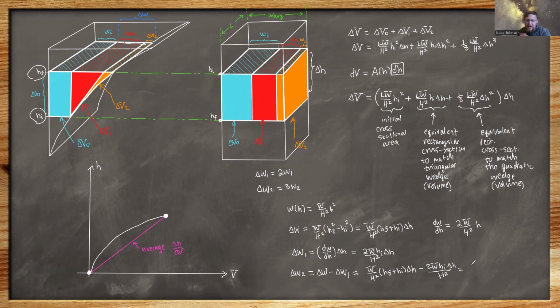Everything lines up pretty nicely there to where, let's see, we would end up with width over height squared H final delta H plus width over height squared H initial delta H. And then minus 2 W over H squared H initial delta H. And so that would end up giving us what?